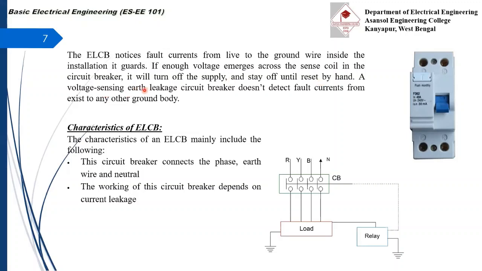A voltage sensing earth leakage circuit breaker does not detect fault currents from any other ground body. It detects the current between live to ground. So this current is called leakage current.